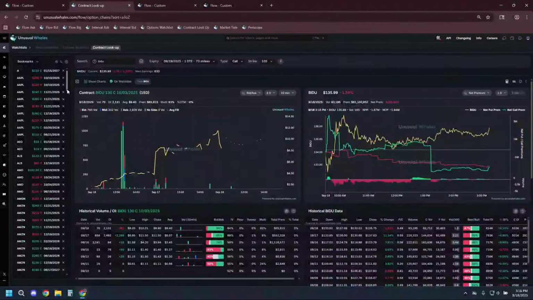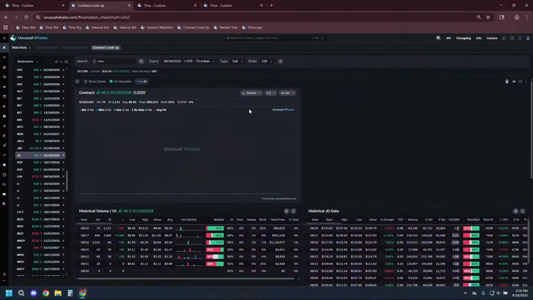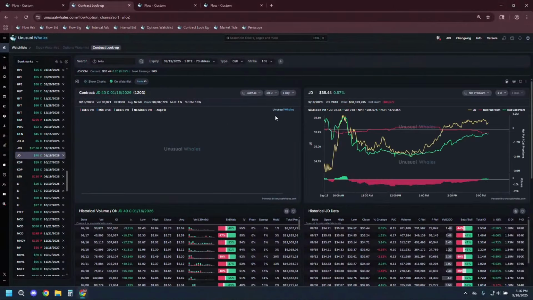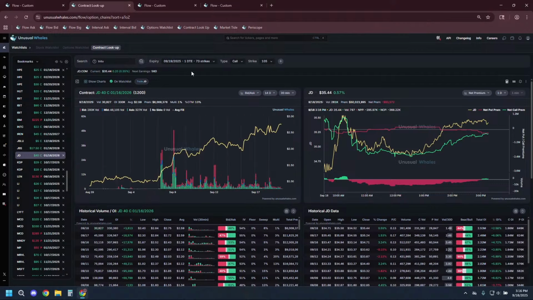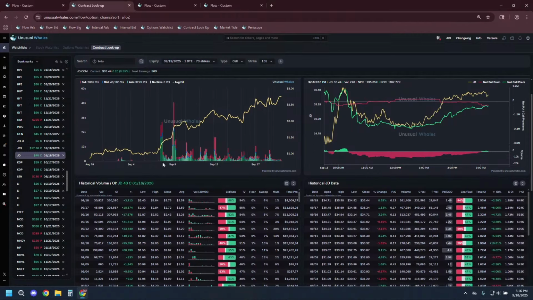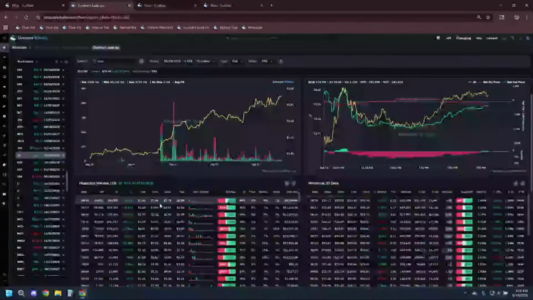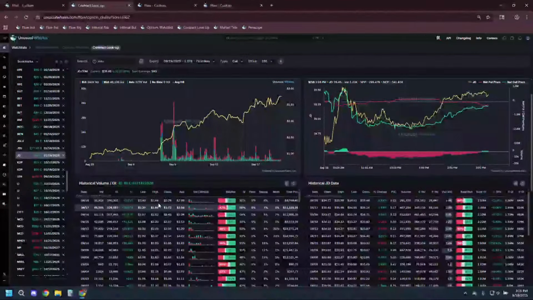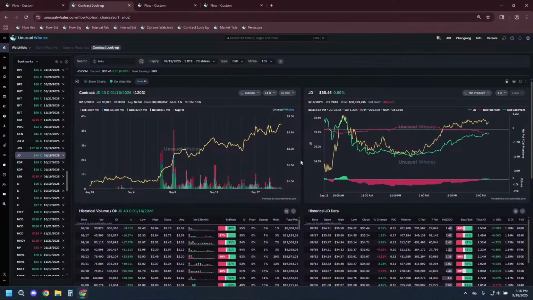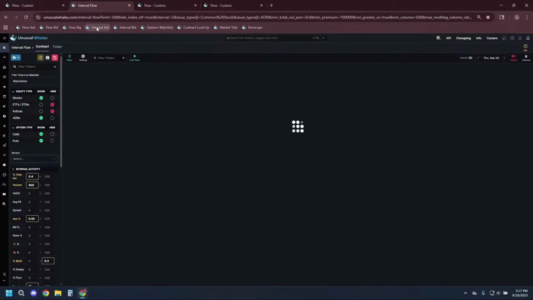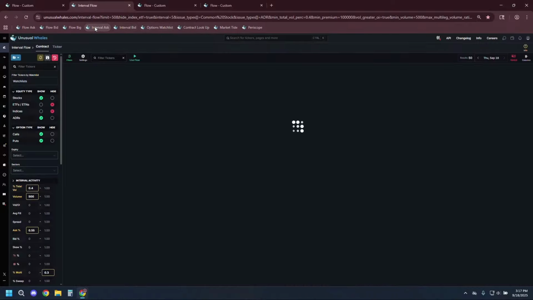Can't remember. How's JD doing? JD 40, the 40 strike January calls that were hit pretty hard on the 8th and the 9th, and honestly every day since, trading at a new high. Or not a new high, but yesterday's high. It's matching yesterday's high. There might have been some more JD too. Thought I saw something else.